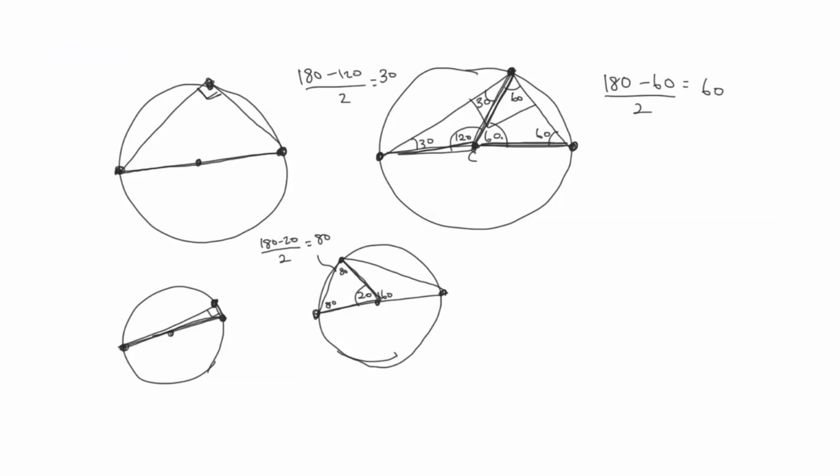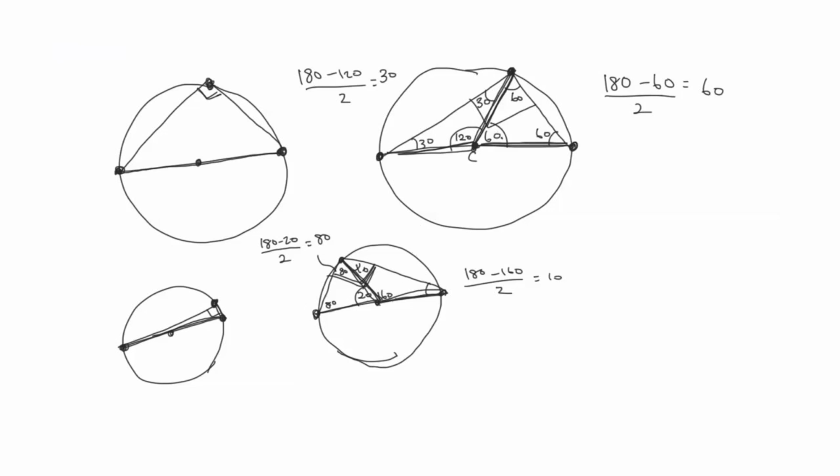And again, we have an isosceles triangle with the radius being the two legs. So these two angles will be 180 minus 160 divided by 2, which is 10. And again, we have 80 plus 10, or a 90-degree angle. So I encourage you to plug in random numbers again.